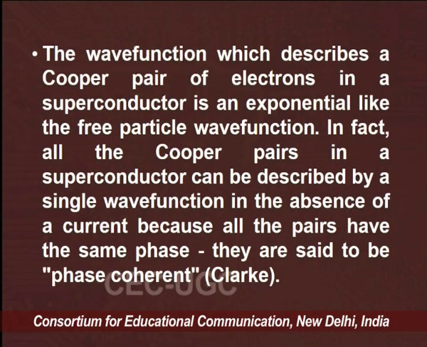The wave function which describes a Cooper pair of electrons in the superconductor is an exponential like the free particle wave function. Basically, all the Cooper pairs in the superconductor can be described by a single waveform in the absence of current because all the pairs have the same phase.